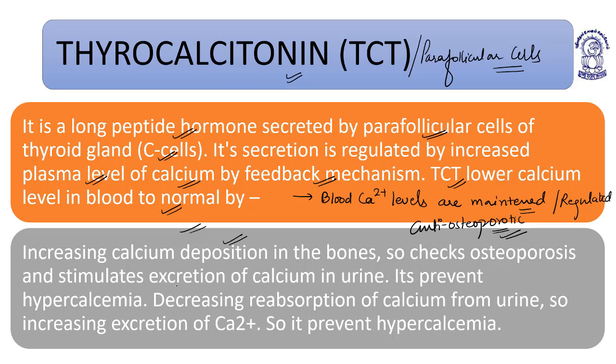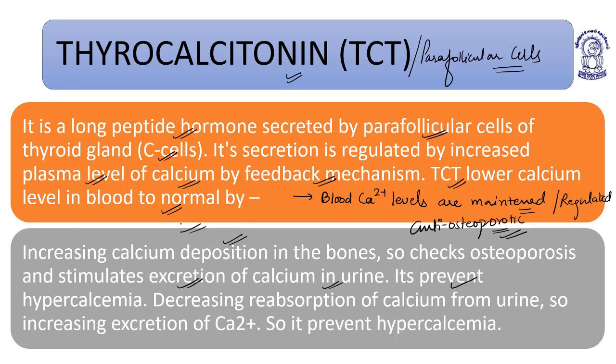And it stimulates excretion of calcium in urine, so that the blood calcium level can be maintained. The blood calcium level can be maintained in two ways: either by excreting through urine, or by making it deposit more and more on the bone.